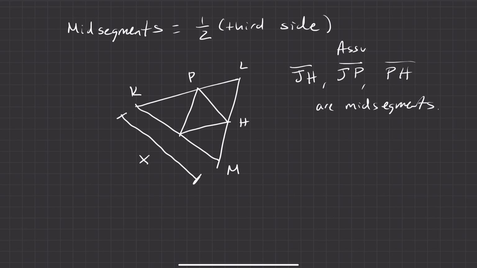And we're going to assume that's true. So assume that segment JH, segment JP, and segment PH are midsegments. Well, how long is KM?